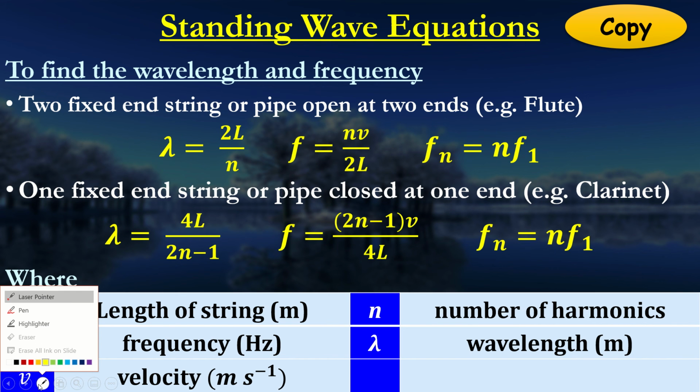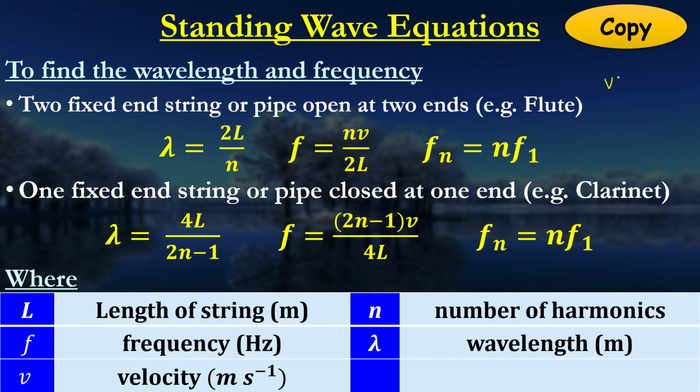I might just show you how they relate. So we do know that the velocity of a wave is frequency times lambda. So if I substitute the formula of lambda being 2L over n, this is for our two fixed ends or two open ends, we get f times 2L over n.